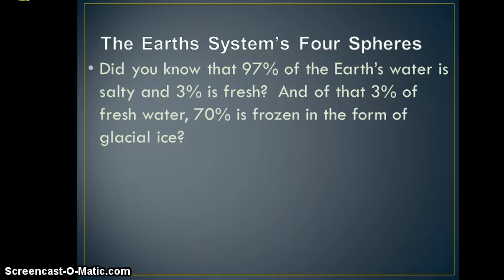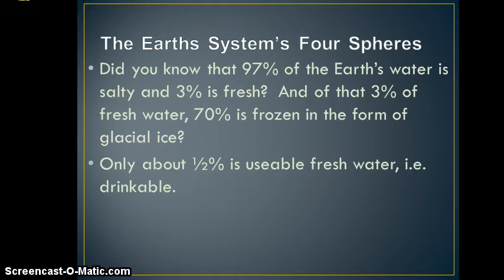Actually, a little over 2% is locked up in ice caps and glaciers, leaving less than 1% of the water as fresh water, and we only use about 0.5% of that for drinking water. So we use a very, very small amount of the water on Earth for human consumption, in terms of water to brush your teeth, take a shower with, and be able to drink.